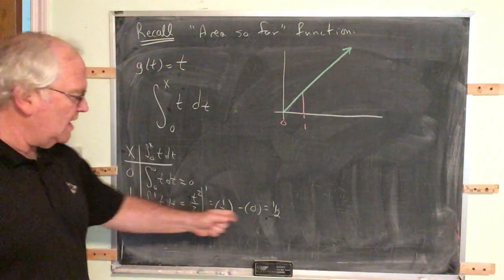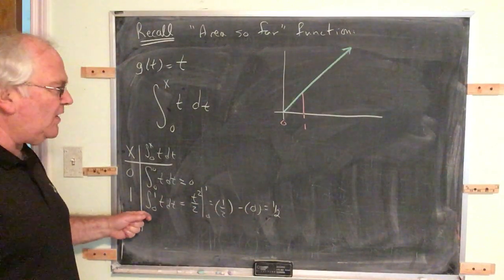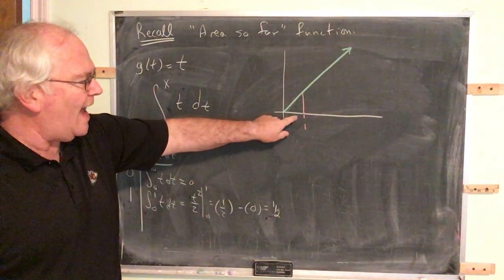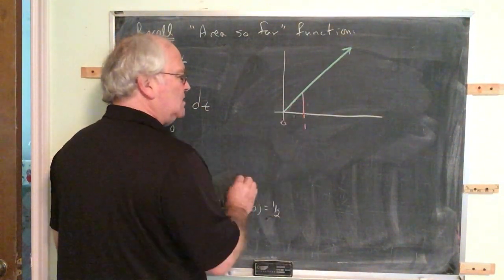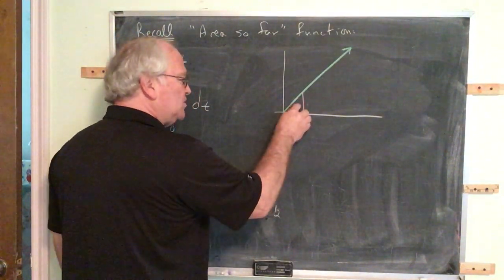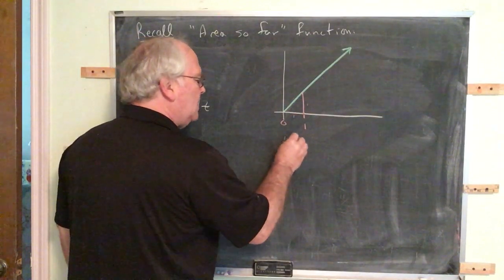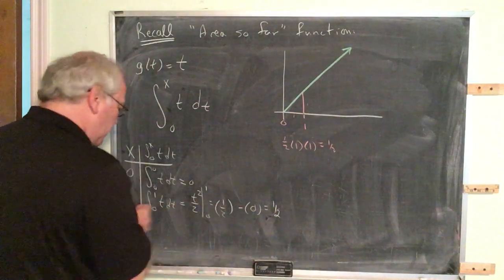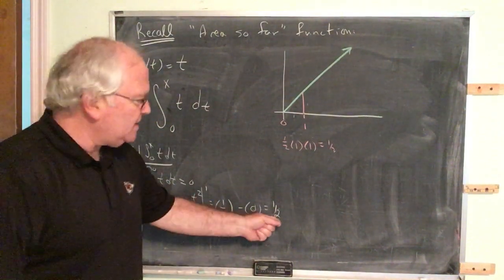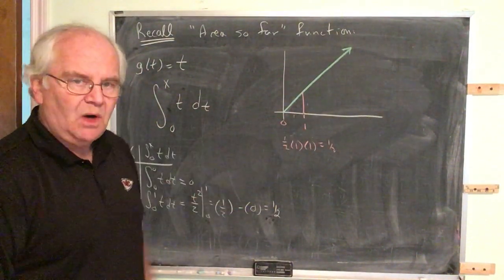This is the area of that triangle, the area so far. Well, the area of a triangle is 1/2 the base times the height, and we know this base is 1, this height is 1. So the area of this triangle is 1/2, and sure enough, when we evaluate this expression, this gives us the area from 0 to 1.